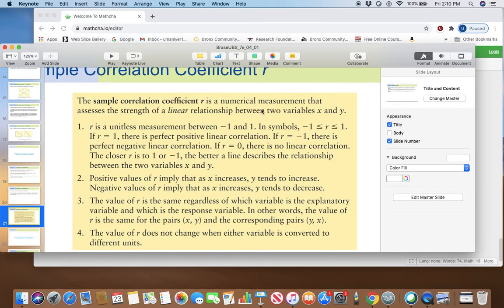So it's a number that assesses the strength of a linear relationship between two variables x and y.